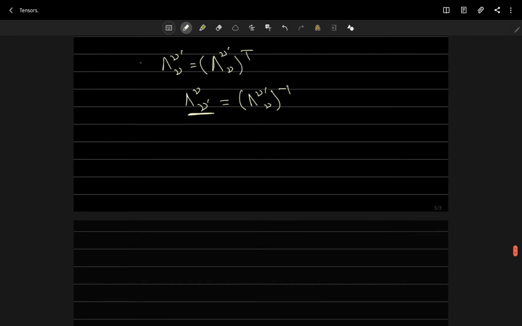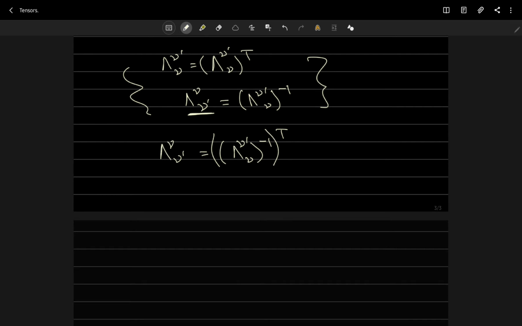So with these two, we have lambda nu prime is equal to lambda nu prime nu inverse and the transpose of this, from these two sets of equations.